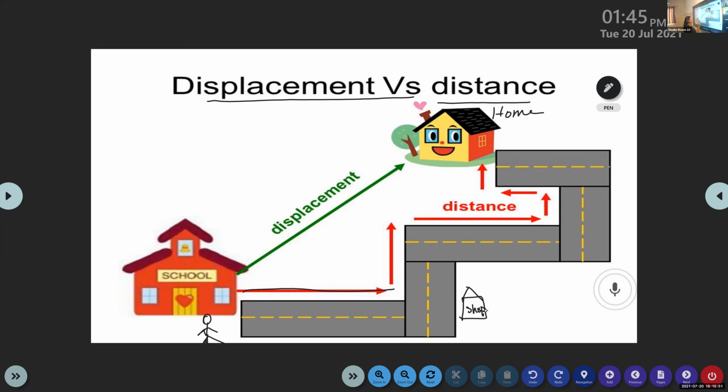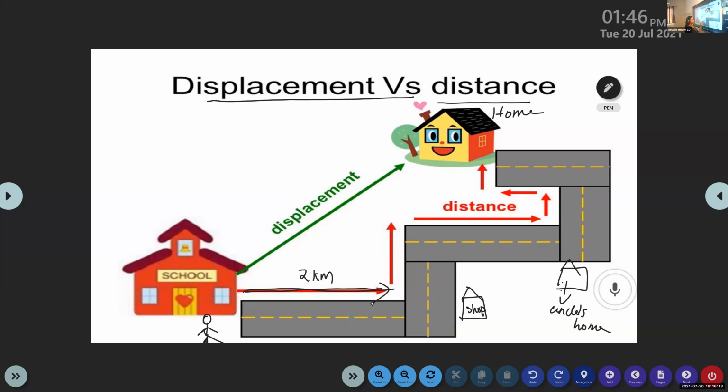It is about 2 kilometers away from the school. Again, he moves through this distance, and here his uncle's home is. He's a mischievous boy. That's why he moved this way. Moving 2 kilometers, he reached this shop.